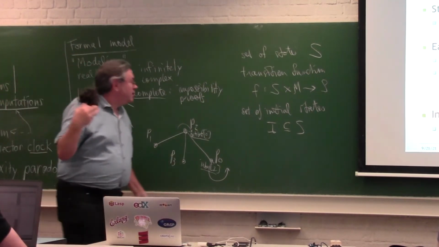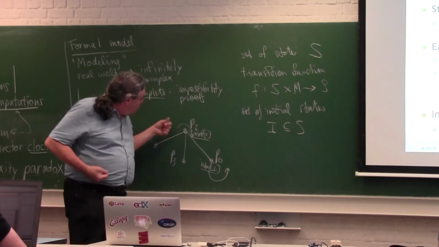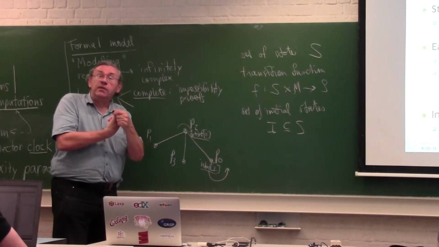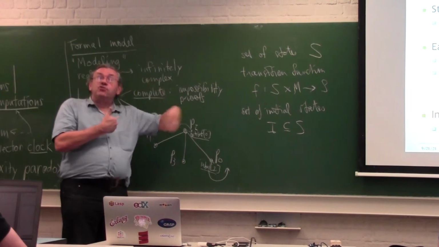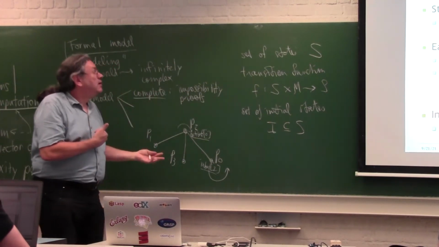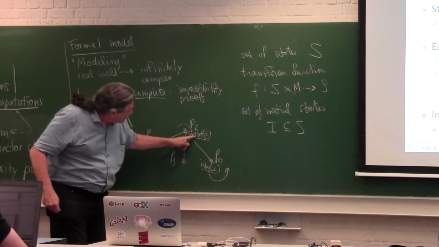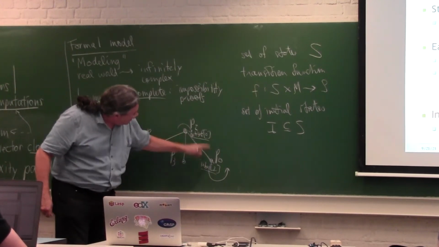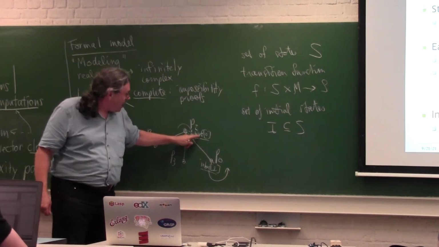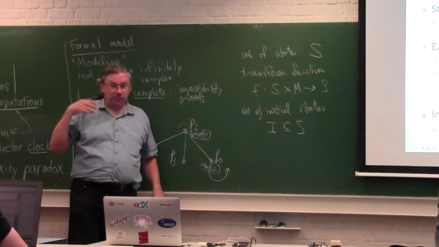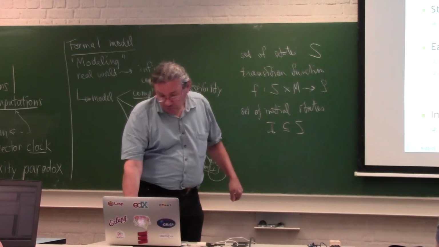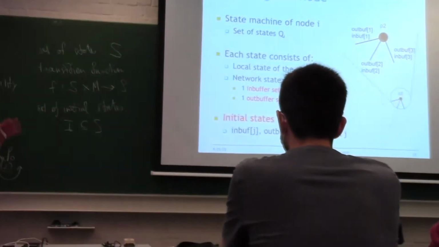So that's how it works. We have local computation, which is just a state machine turning around, and then an extra magic rule that causes messages to jump instantaneously from out buffer to in buffer. That's very simple, right?